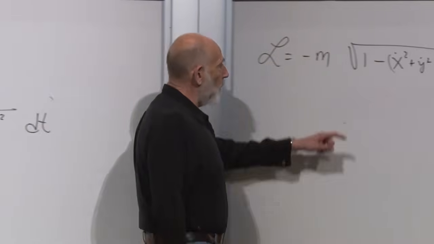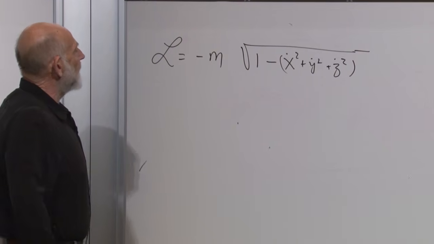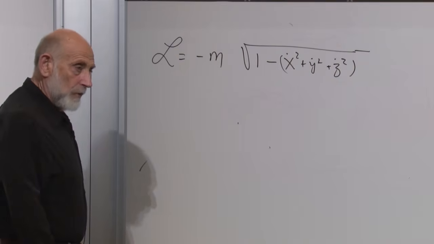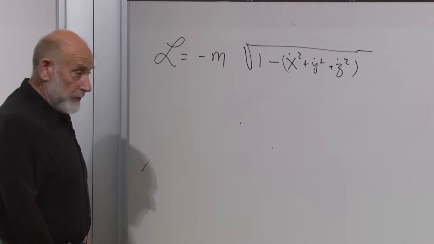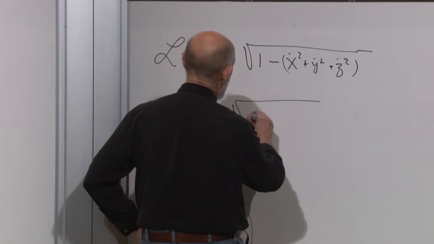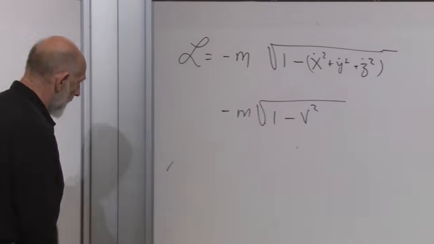First, let's ask what this is like in the limit where the velocities are much smaller than 1, 1 being the speed of light. So this is minus m square root of 1 minus v squared.